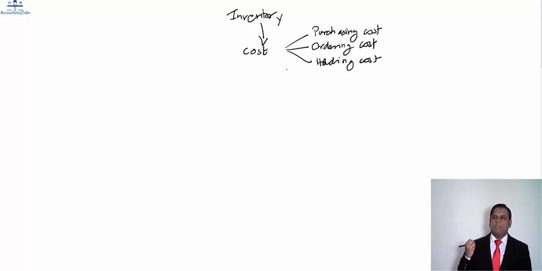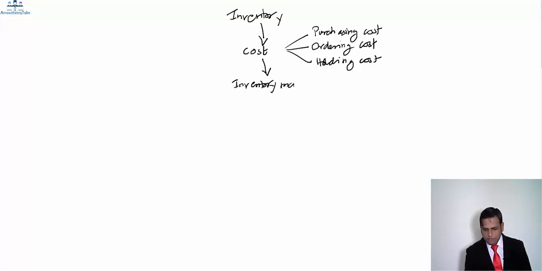Now we know that there is inventory, and now we know there is cost. The next step is where we financial managers come into play, and that is management, that is inventory management.